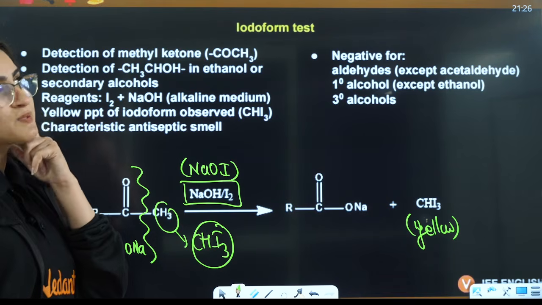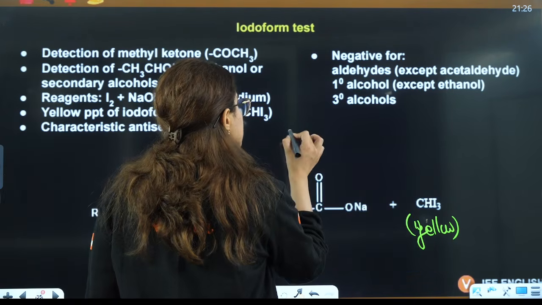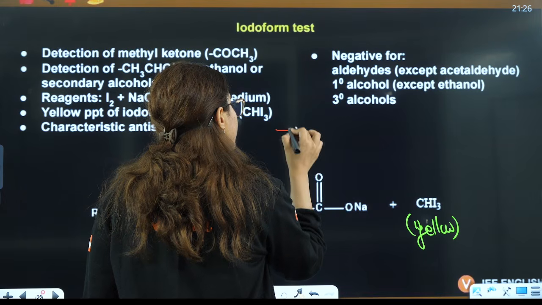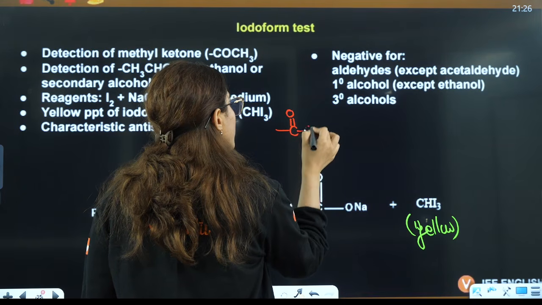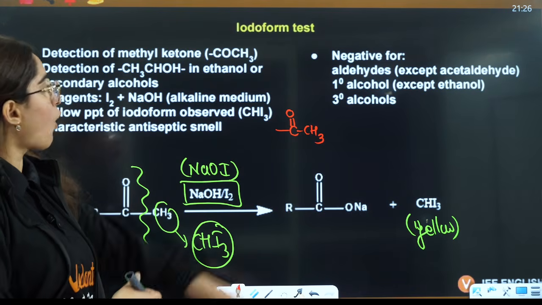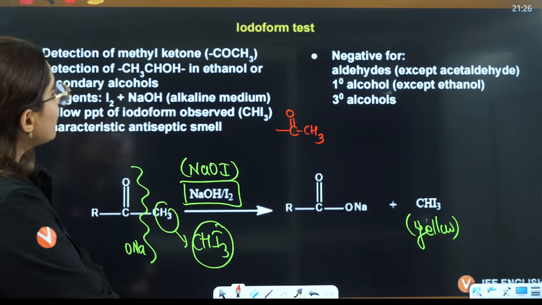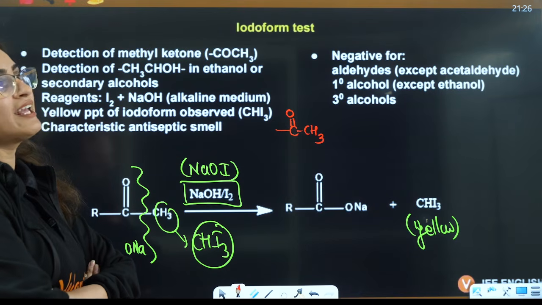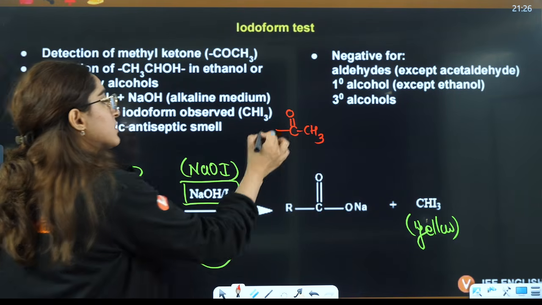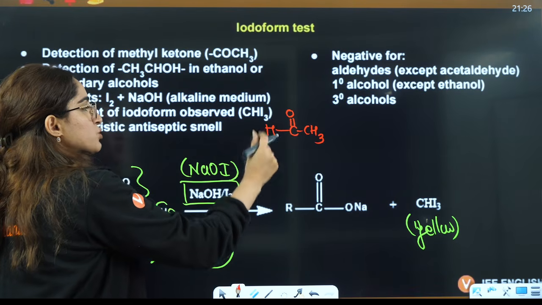Now the question is, which compounds will show this test? First, the one which has C double bond O CH3. Whether it's an aldehyde or a ketone, it will always show this test. And we know that only acetaldehyde has this C double bond O CH3 among aldehydes.